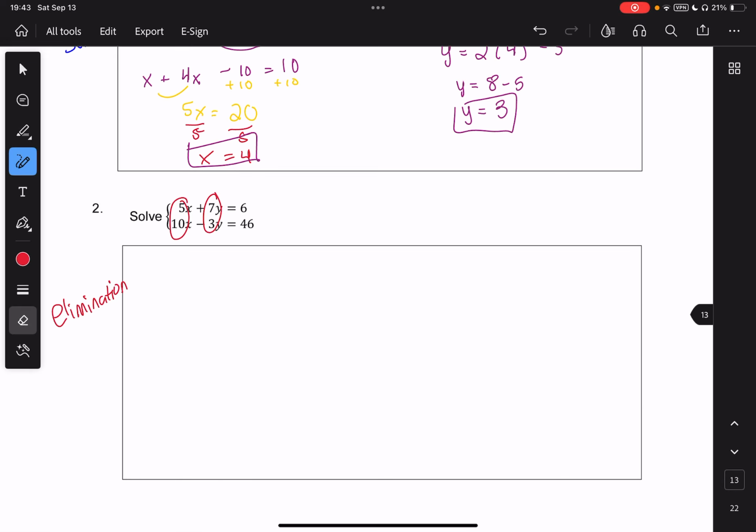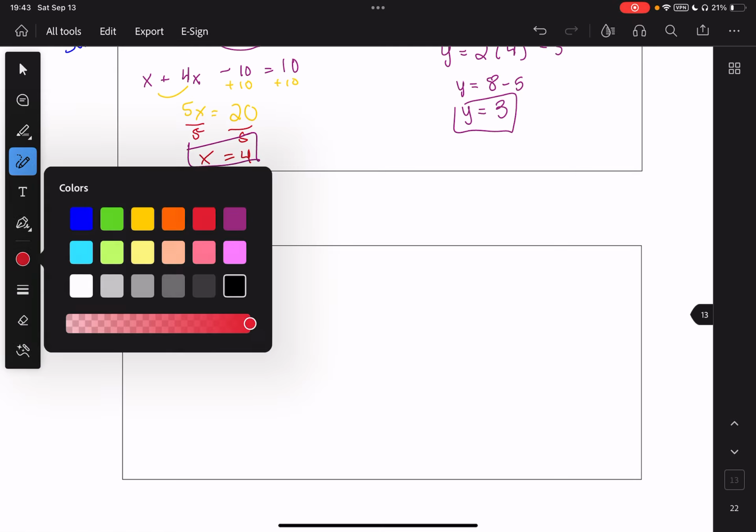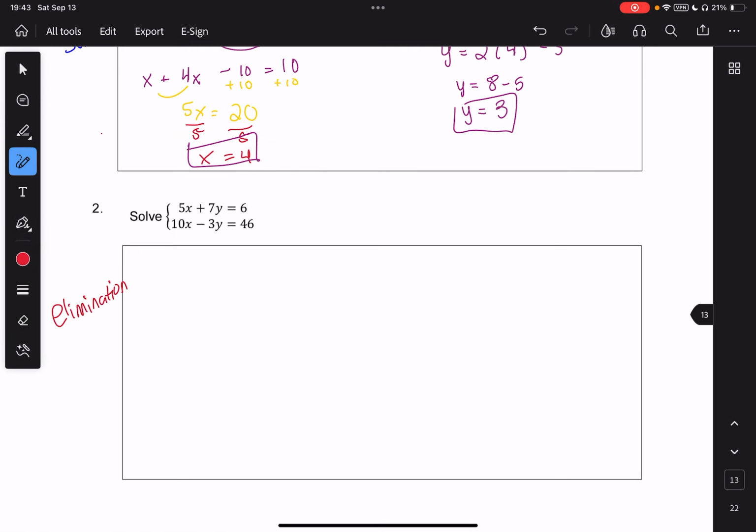So what we can do instead is we are going to multiply our equation. Let's multiply our top equation by 2, because when we multiply our top equation by 2, we then will be able to get 10x, so then we can eliminate.